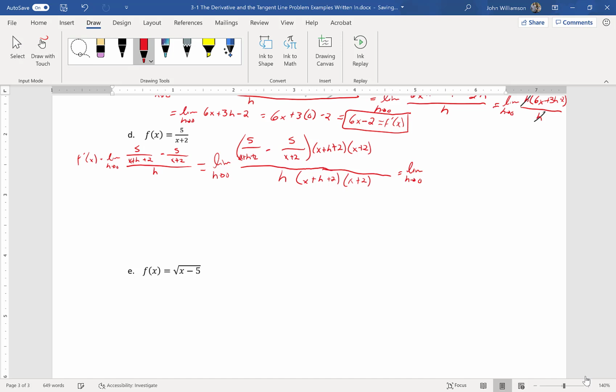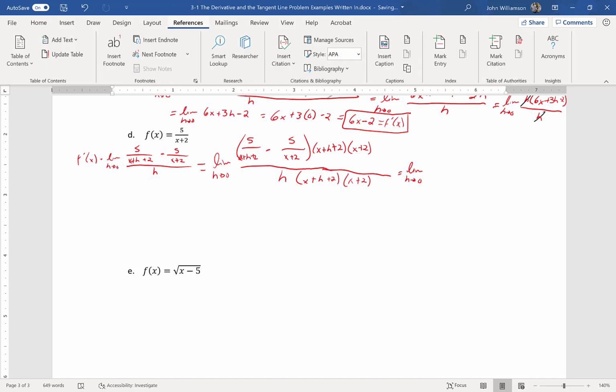So now when we clean that up, the x plus h plus 2's in the first term are going to cancel, and we're left with just 5 times x plus 2, minus 5 times, the x plus 2's cancel here, and we're left with x plus h plus 2, all over h times x plus h plus 2 times x plus 2.